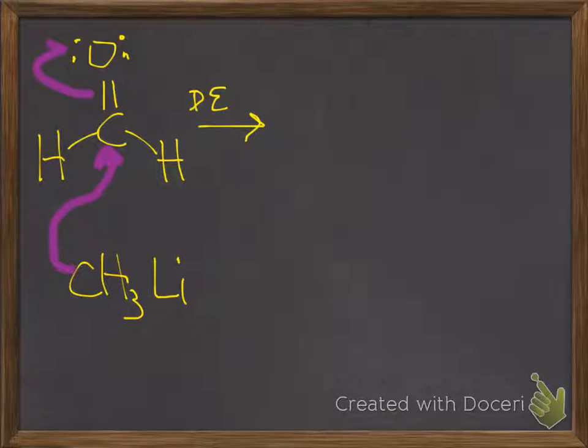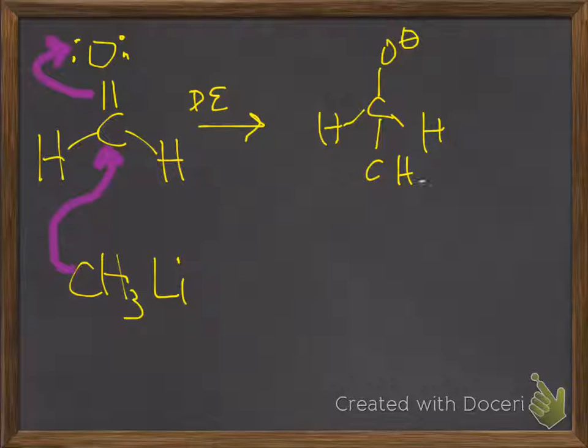The double bond breaks. So then we are left with H, C, H, O minus, CH3. And then to convert this all the way into the alcohol, we have to add some type of acid. I'm just going to write down HCl here as a specific example, but you could write H3O plus.